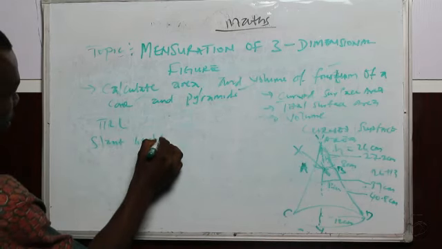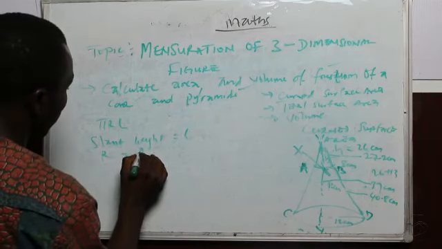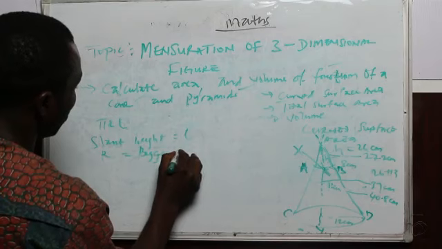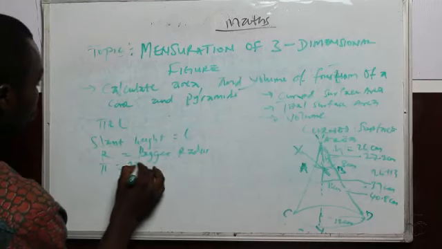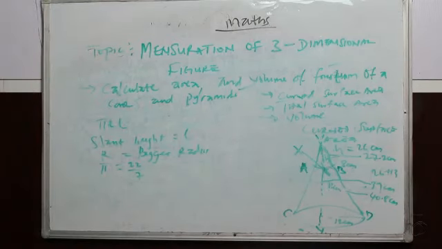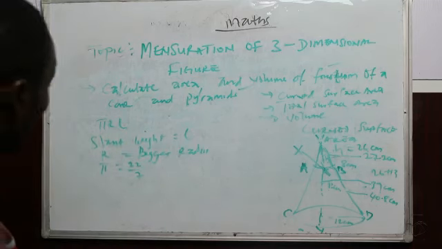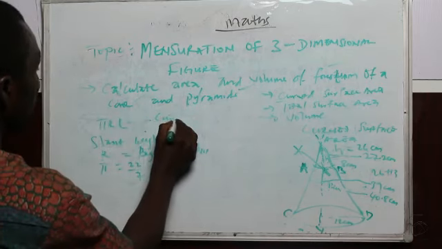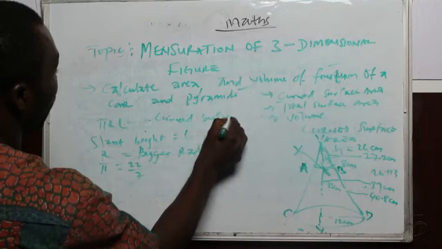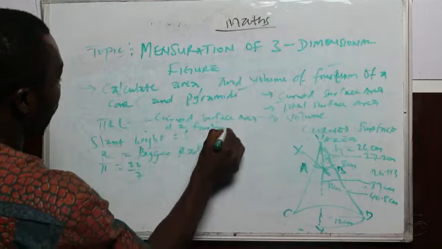R is equal to the bigger radius. Then pi is 22 over 7. So this is the formula to calculate the curved surface area of a frustum.